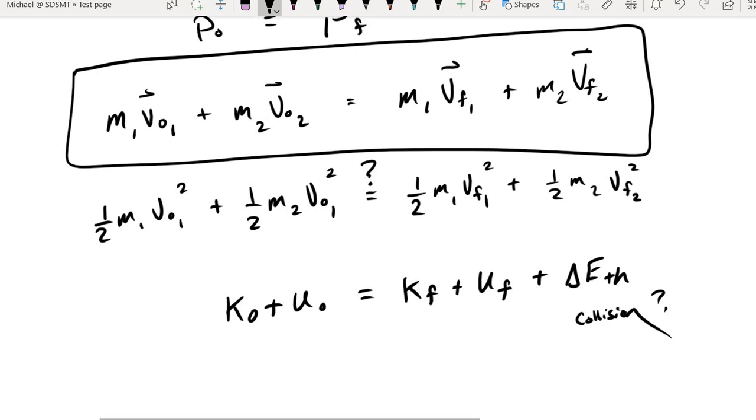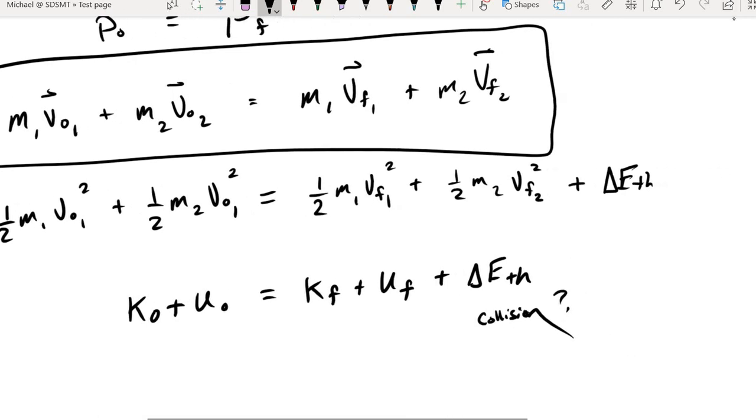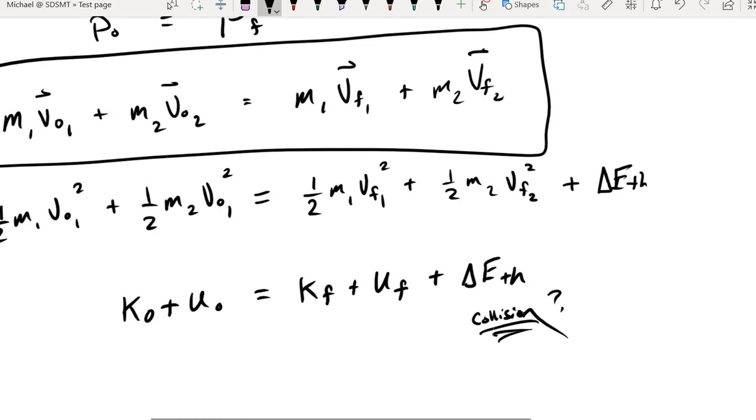And in fact, that's going to be very common. We will have thermal energy created during a collision, and so we cannot say that this expression is equal unless we incorporate any thermal energy that was generated during the collision process.